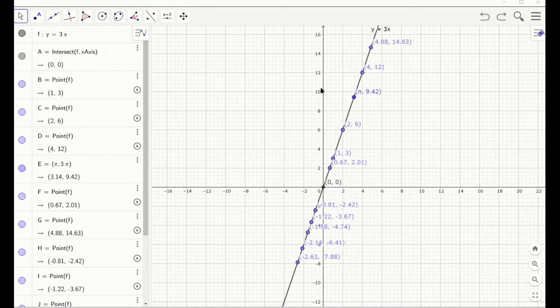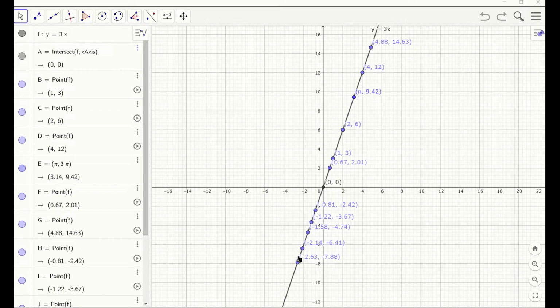All right, so here we have graphed the linear function y equals 3x, or f of x equals 3x, and notice we have shown several input-output pairs here, not just perfect ones like (0, 0), (1, 3), (2, 6), etc., which we had seen before. Here, for example, we have pi, and this is 3 pi.